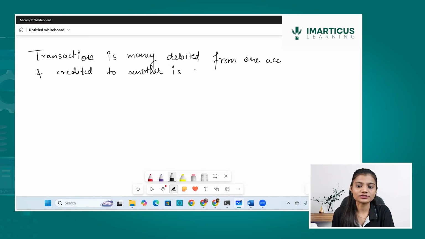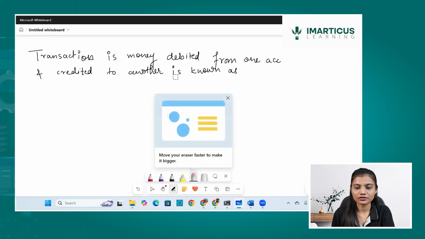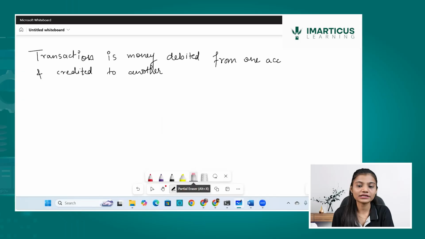In simple terms, that's the meaning of transaction which we know. When we transfer money from one account to another, we say it was a successful transaction when it was debited and credited simultaneously.